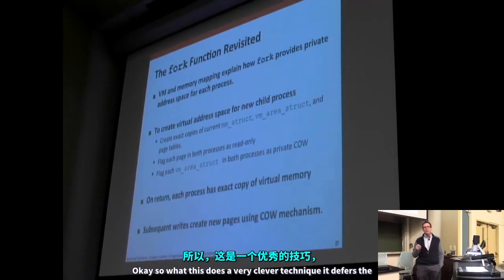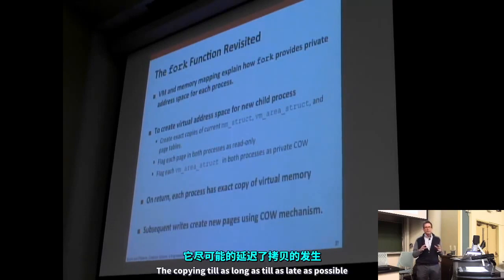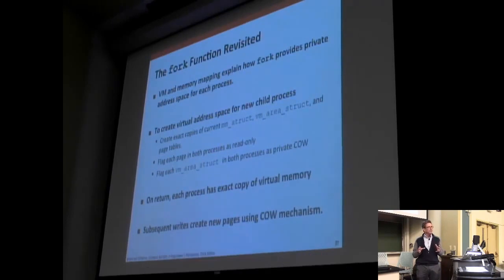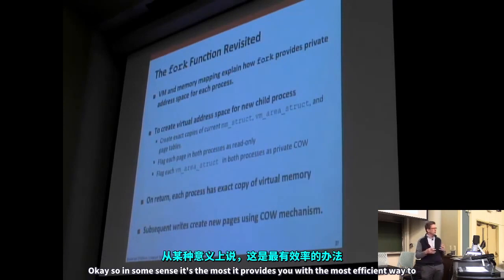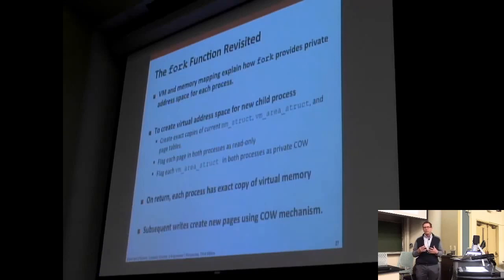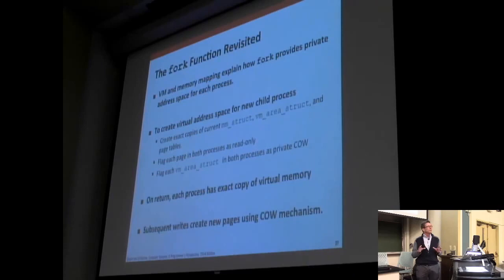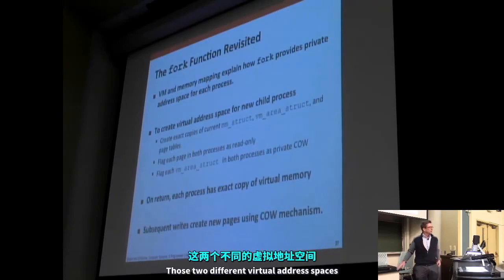Okay, so what this does, a very clever technique, is defer the copying till as late as possible, and it only does copying when it's absolutely needed. In some sense, it provides you with the most space efficient way to represent those two different virtual address spaces.